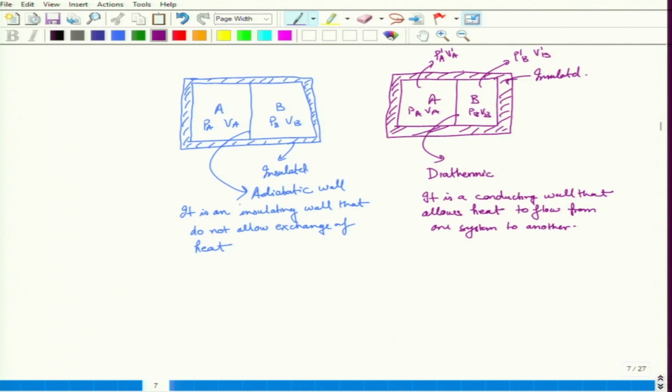This change occurred, and now A and B are in equilibrium.